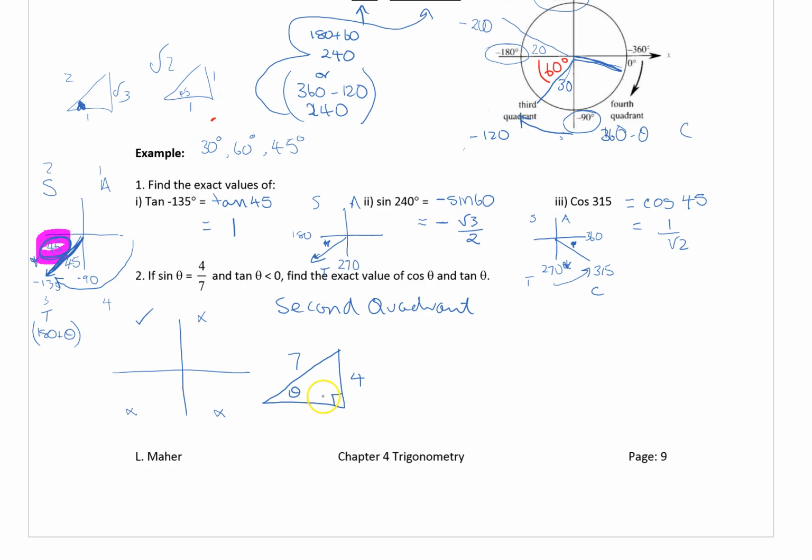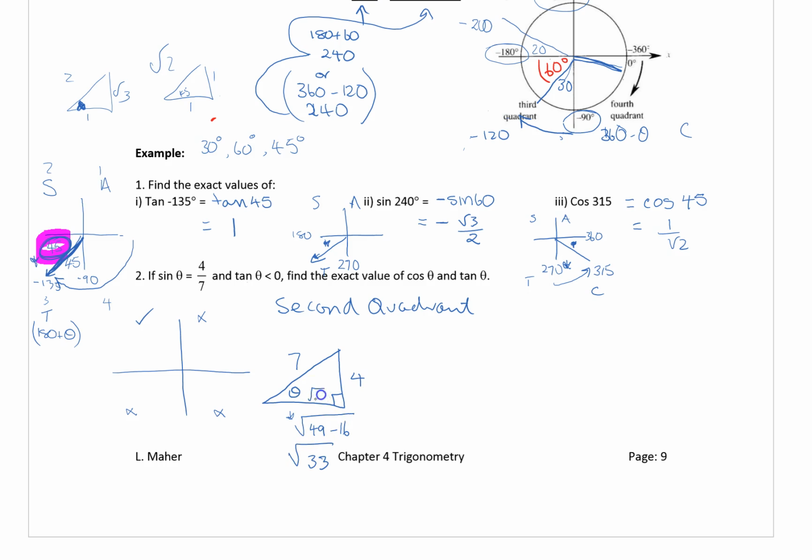We can use this right angle triangle and Pythagoras' theorem to find out the length of this side. So that's what we do. 7 squared is 49 and 4 squared is 16. So the length of this side is the square root of 33.